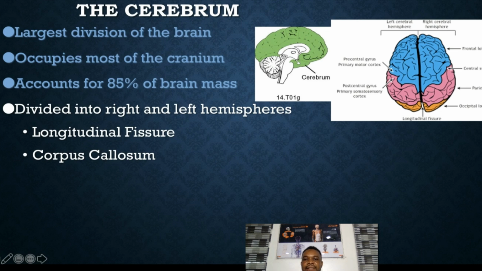This cerebrum is divided into right and left hemisphere by what we call the longitudinal fissure. Look at it here. This line divides it into two hemispheres. If you cut this open, you will have two halves of the brain. And what connects the two halves together is called the corpus callosum. If you look at this other diagram here, you see the half of the brain being cut, and this is the corpus callosum that connects the two hemispheres of the brain.